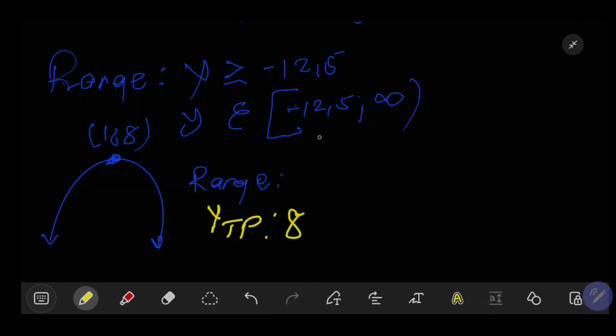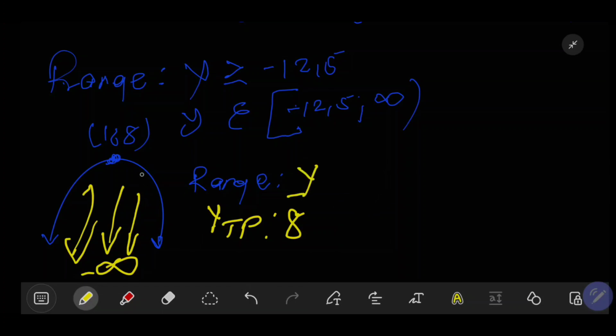So if we want to write the range, it means this graph is possible from 8 going down to negative infinity. So you can say this is the y value. Anything above 8, the graph does not exist.